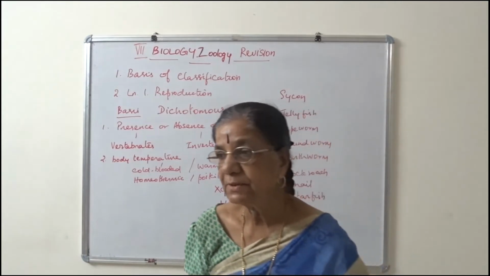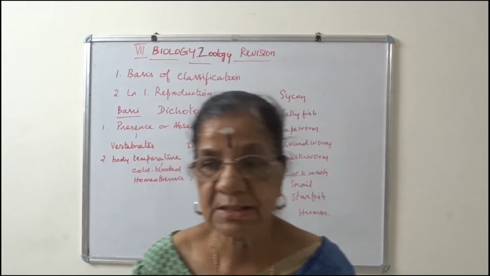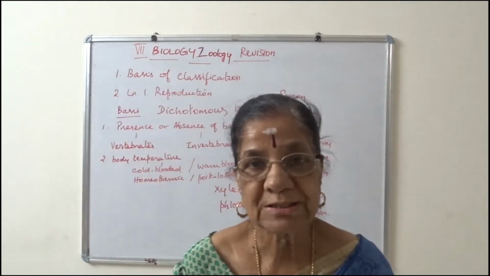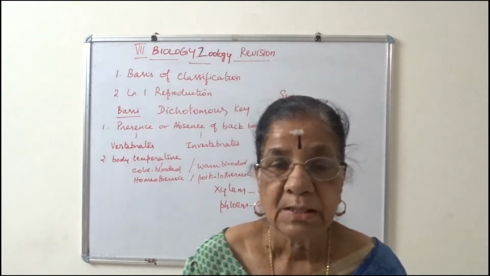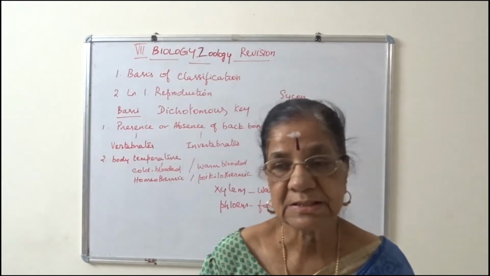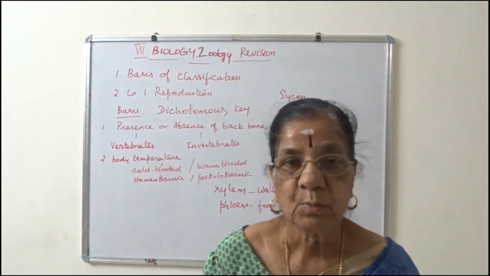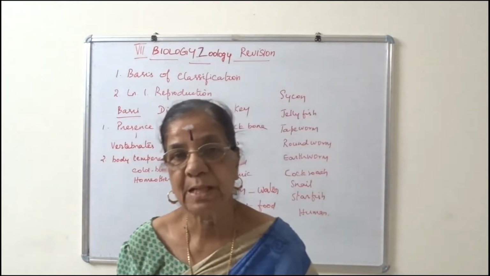And then after the flower, fruit formation which contains the seeds, and those seeds are called monocot seed and dicot seed. Cotyledon is a nutritive tissue present inside the seed. If one cotyledon is present, it is said to be monocot. Two cotyledons, it is said to be dicot plant.